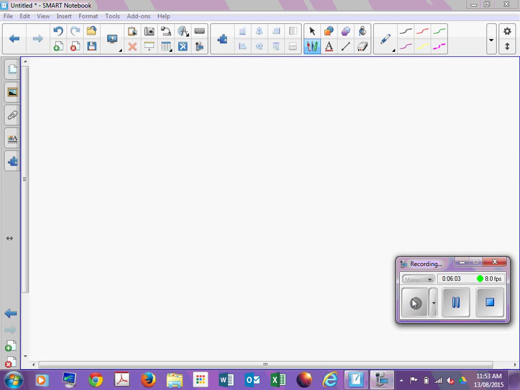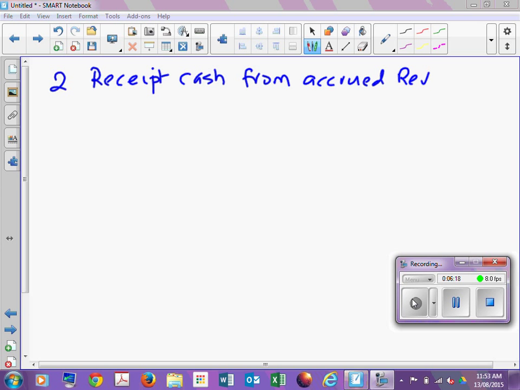So, first instance was balance day adjustment. The second instance that we have to deal with this accrued revenue is when you receive the cash from an accrued revenue. It usually occurs in subsequent periods.